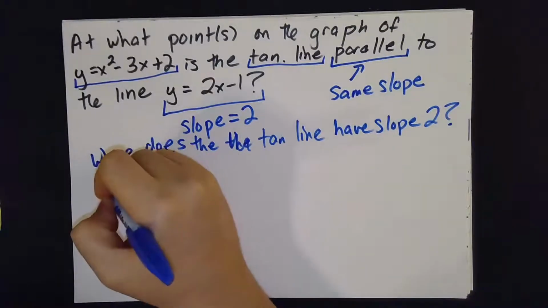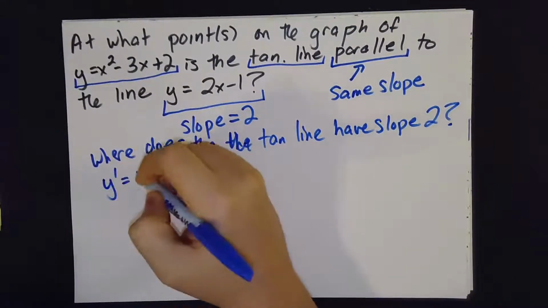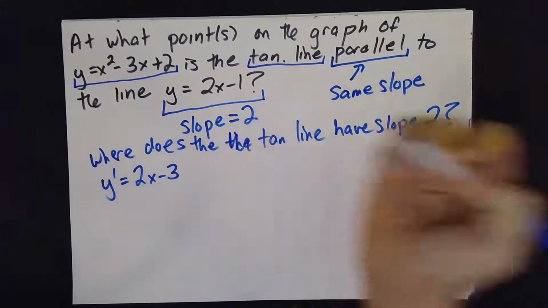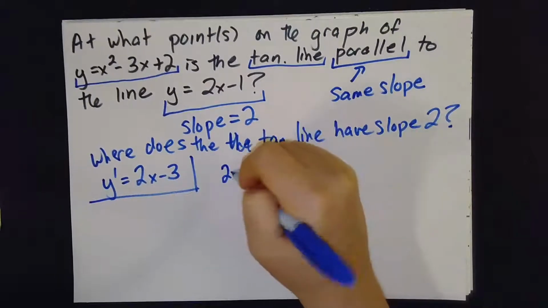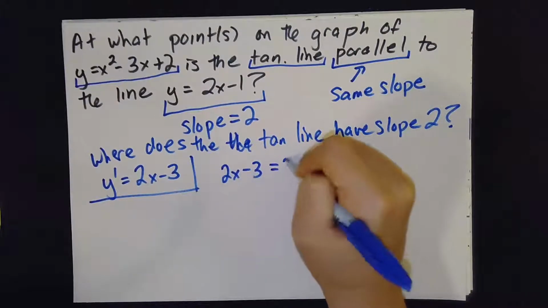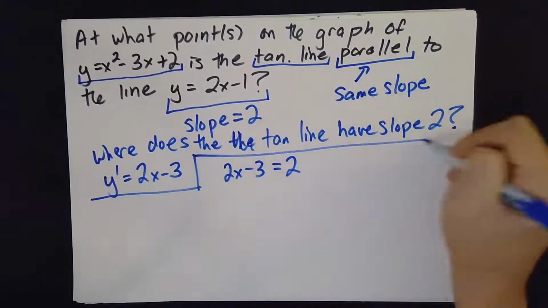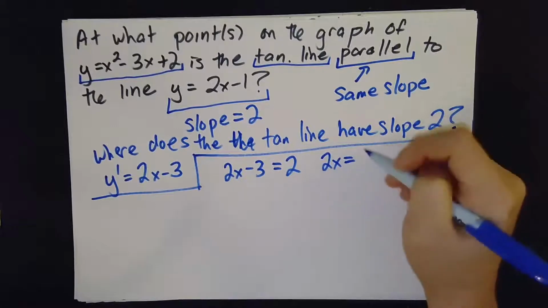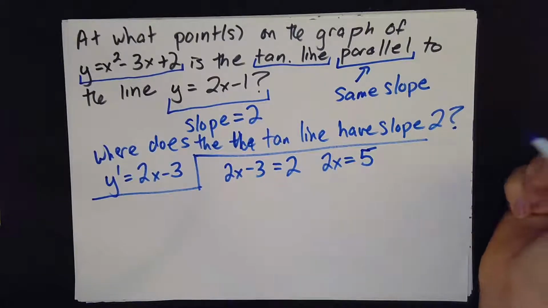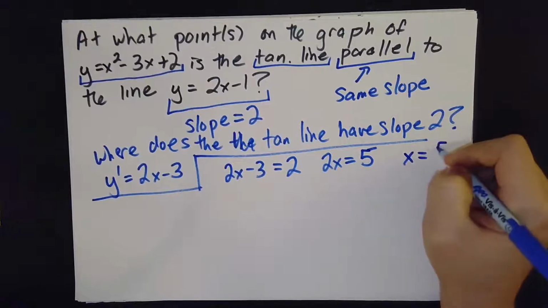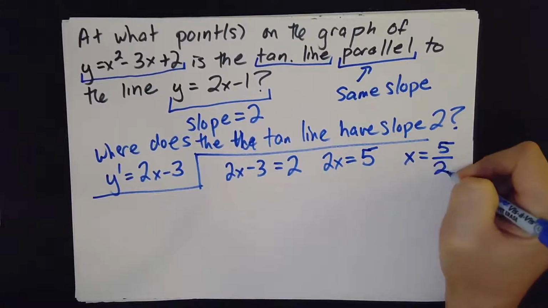So I want to take the derivative here, and then I want to find out where that's 2. So it would be x is 5 halves.